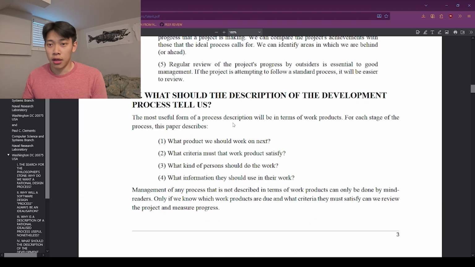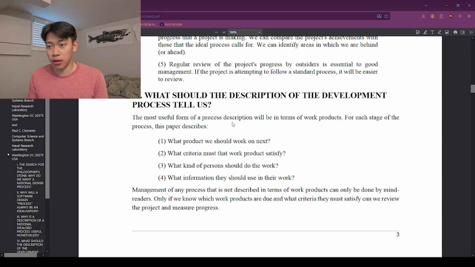Okay. 4. What should the description of the development process tell us? The most useful form of a process description will be in terms of the work products. For each stage in the process, this paper describes 1. What product we should work on next. 2.